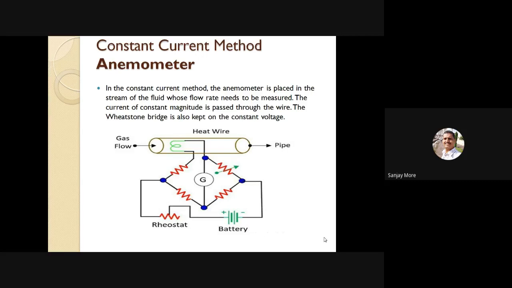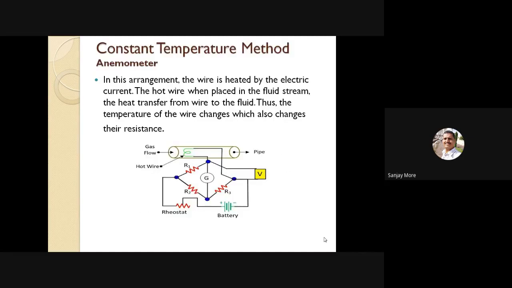There are two main types of hot wire anemometer. First one is the constant current method and second one is the constant temperature method.